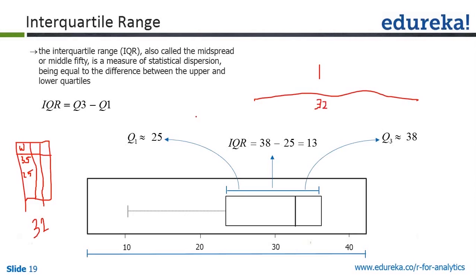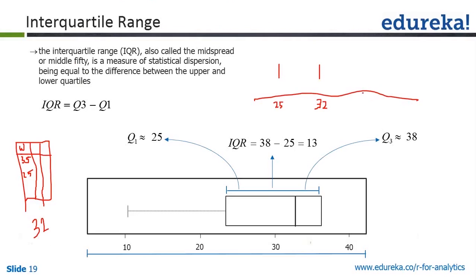Then you try to find out 25% of the points which are less than this and 25% of the points which are greater than this. Here I am referring to the 25th percentile value and the 75th percentile value. Let us assume the 25th percentile value is somewhere around 25. I draw a line here.